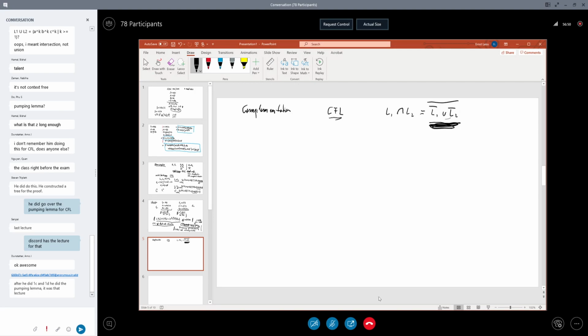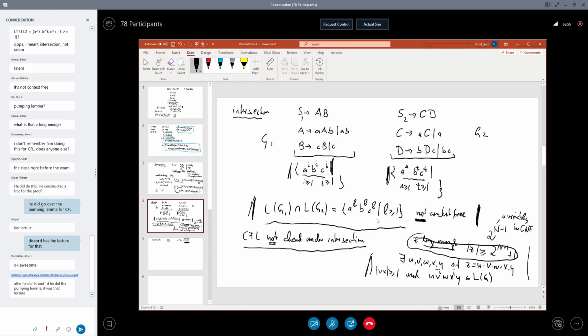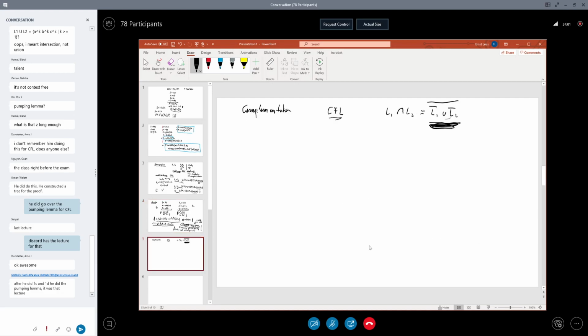And we know that that isn't true. This is not a context-free language. We've seen that context-free languages are not closed under intersection. Therefore, context-free languages are not closed under complementation.